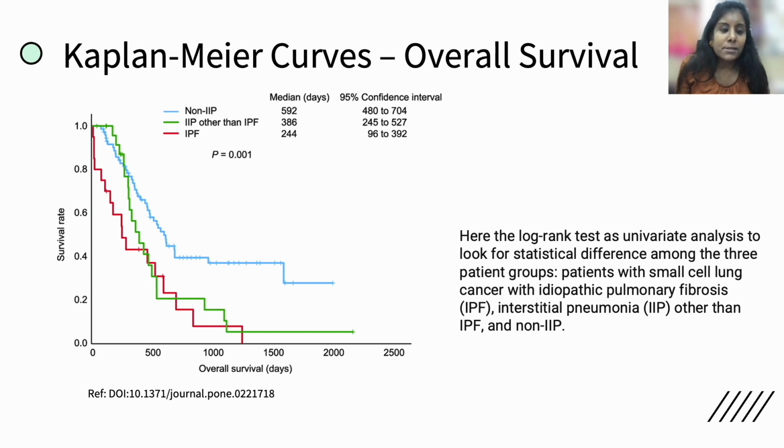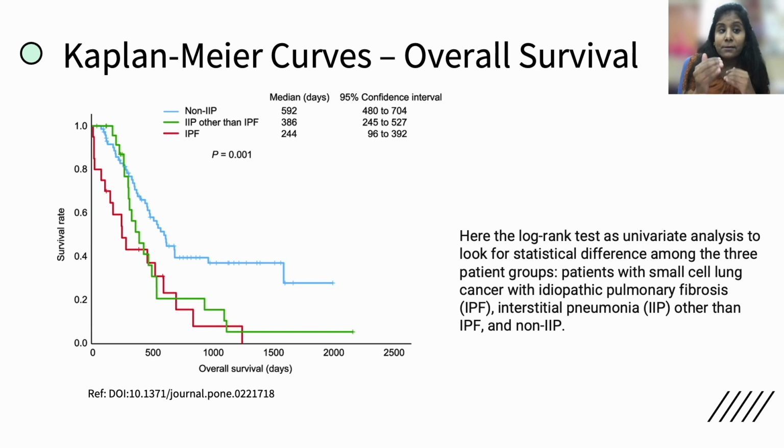Now, what is the take-home message, or what is the difference seen here? It's very important when a line crosses. You see the green and red line have crossed, which means those two are probably not statistically different from each other. But the blue line does not cross at any point with the other two lines, which means they are significantly apart. So what does that mean?